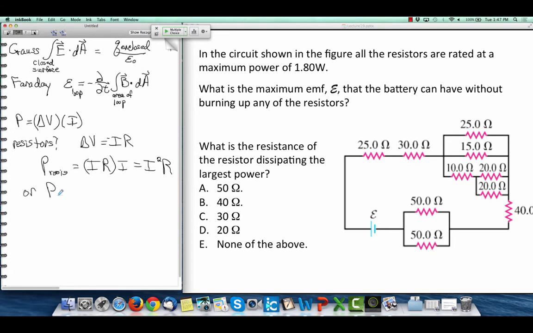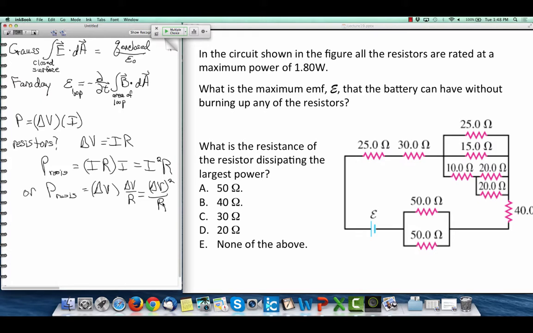But you could also substitute for the I: you could have delta V times I, which is delta V squared over R. And this is certainly just as correct a way of talking about the power dissipated in a resistor.